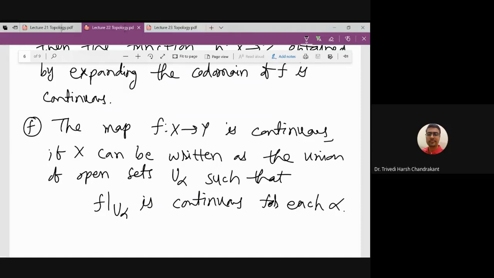So if all these restrictions of f to U alpha are continuous and the union of U alpha is X, then f is continuous.